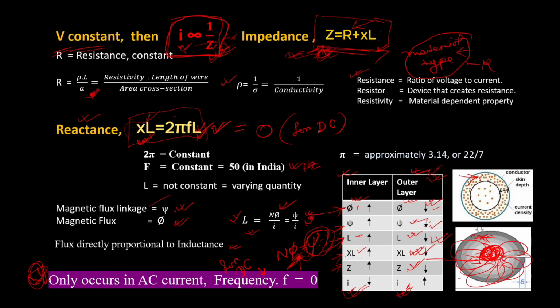So the XL part will be 0. So for DC, Z will be equal to R. R we know is constant. Resistance is constant for the conductor, because we are assuming the conductor is made of the same material.